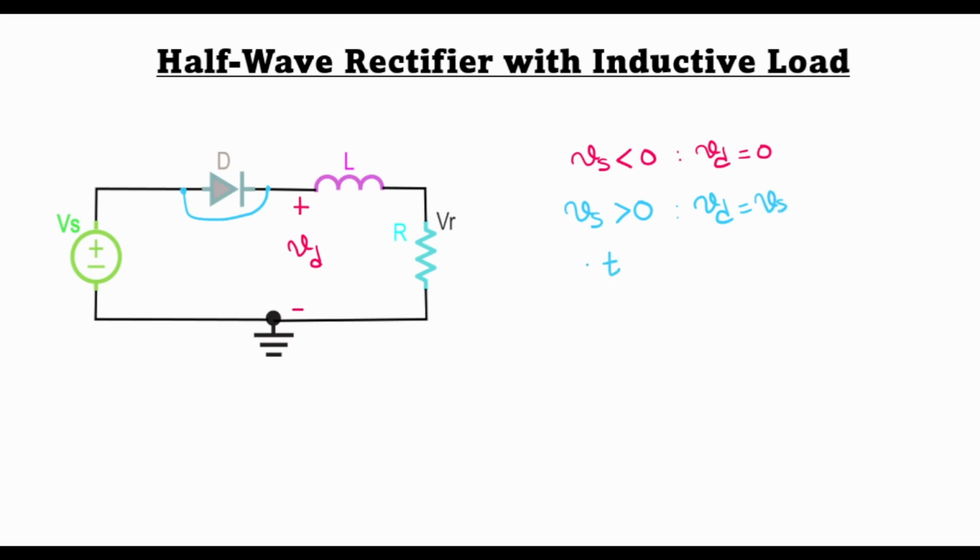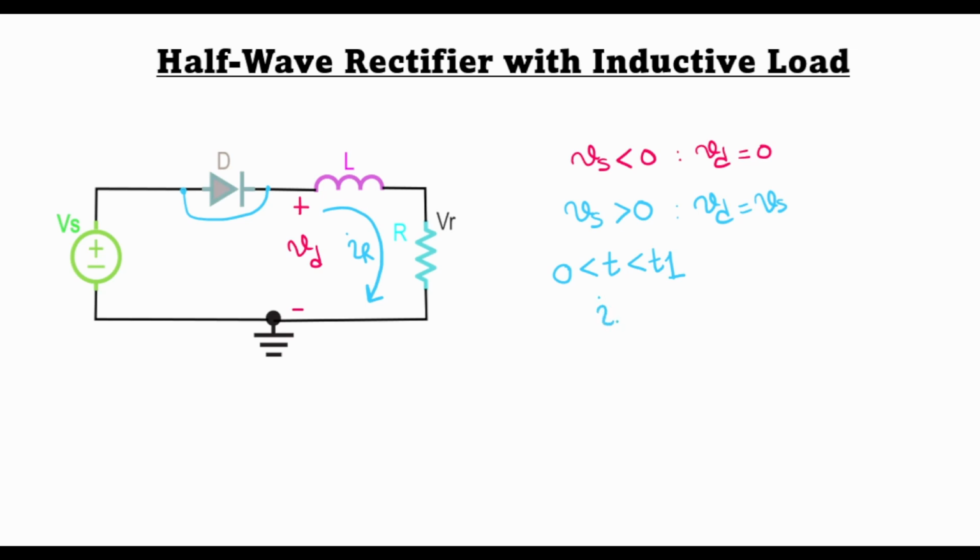Now let's say at time equals 0, the input voltage has become positive. Then for t greater than 0 up to a time t1, there will be a current IR flowing through this circuit, and this current will be increasing.